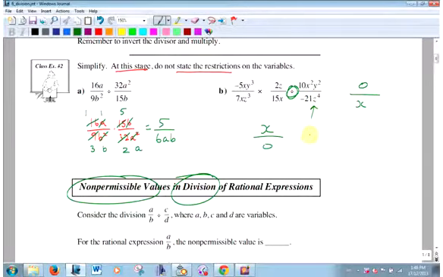And then when I flip this, well, I'm just introducing a new denominator, aren't I? Now, x can't be 0 either. Y can't be 0, okay? So you just have to look at where your divided by is. Every variable here can't be 0 because it's a denominator here. When you flip it, now it's a numerator. It still can't be 0, okay? So you just have a couple of choices to make.